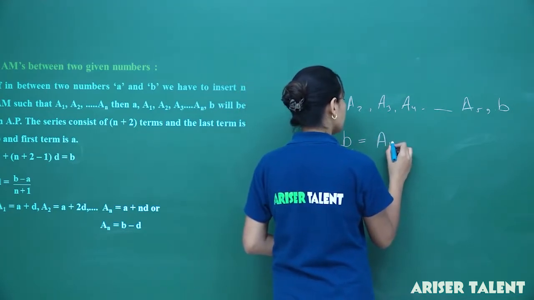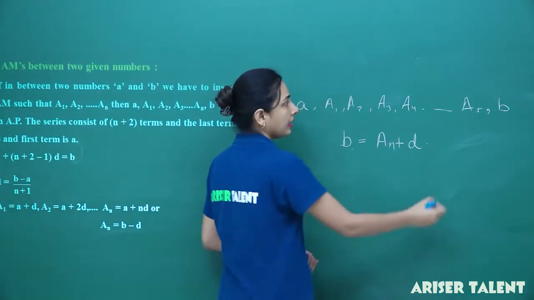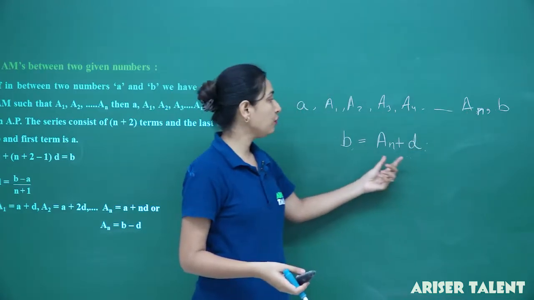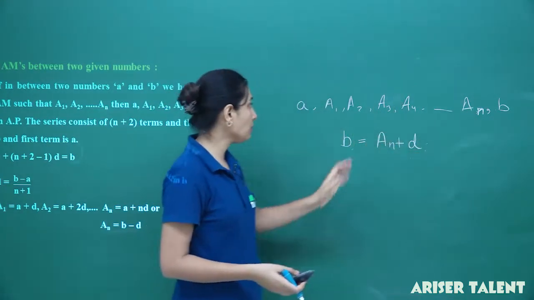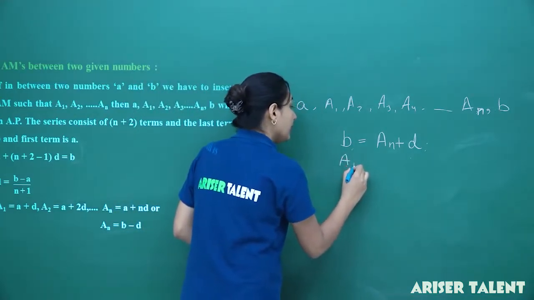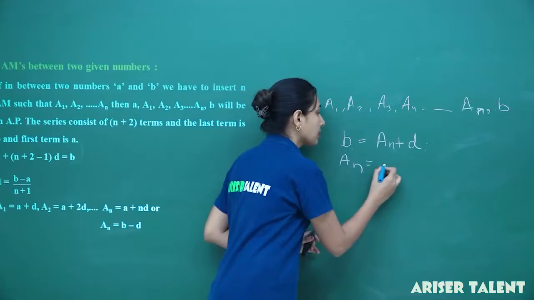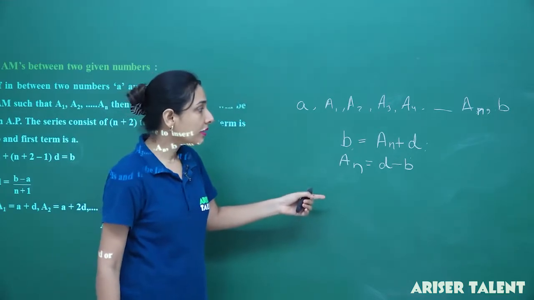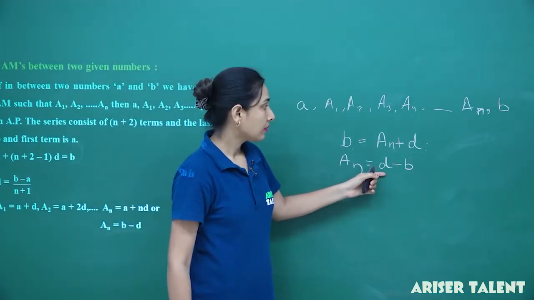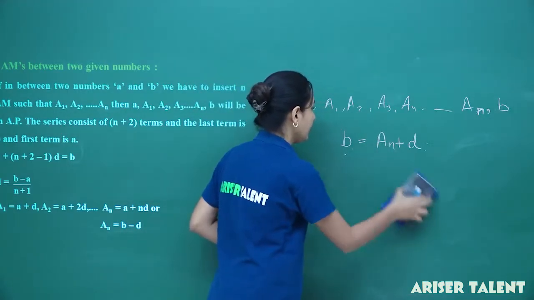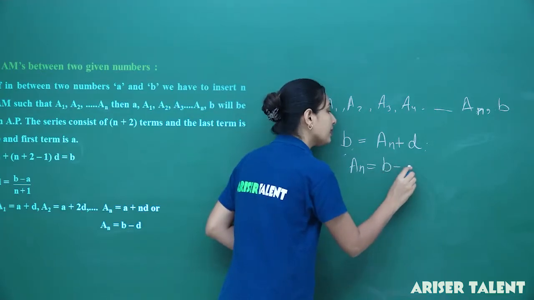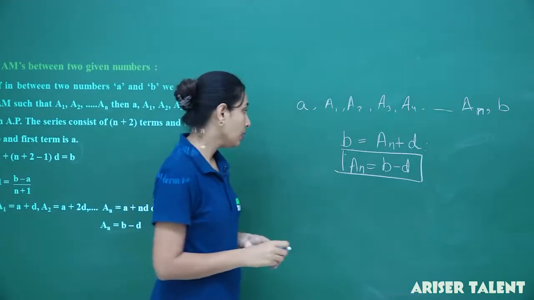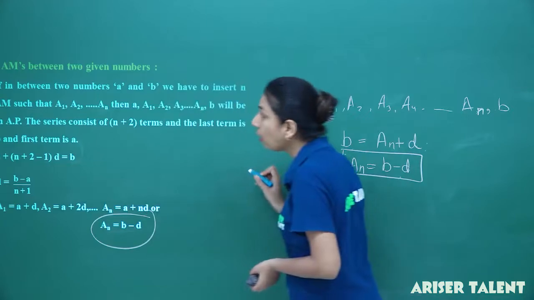B is An plus the difference D. You will be getting a term An, and if you add the difference, then you will be getting B. Now students, the value of An, if you are given the difference and the last term B, you can easily find it by D. An will be B minus D. So you can find An by just subtracting D from B. So this formula is written here. Now you can understand it.